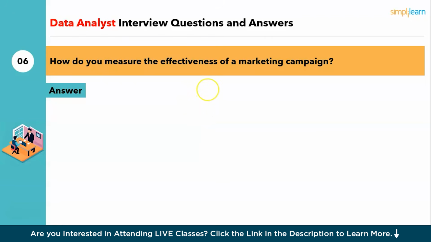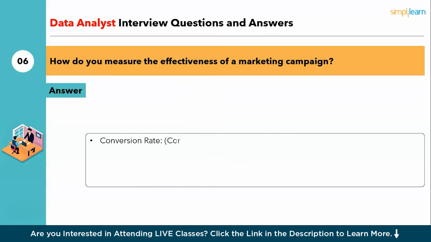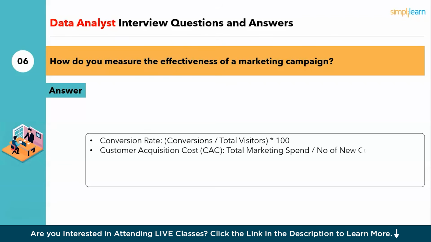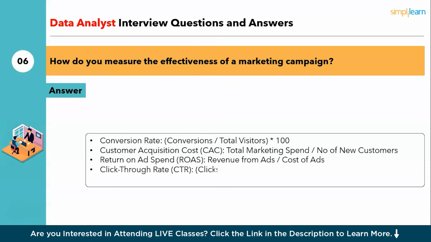Now for that, these are the formulas you need to apply. Firstly, you need to identify the conversion rate. Conversion rate can be identified by using the total number of conversions divided by the total number of visitors to your website, times 100, which gives you the conversion rate as a percentage. Second one, customer acquisition cost, CAC.